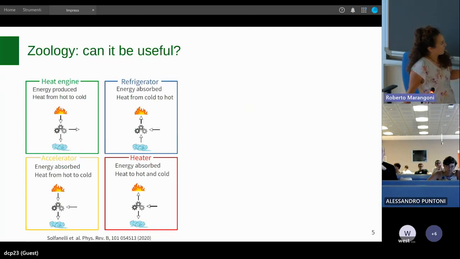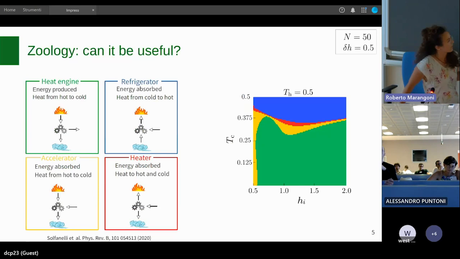If we want to know if we can reproduce these operational modes, let me show the diagram obtained with N equal to 50 and a quench amplitude of 0.5. That means you have to consider this as the initial transverse field of the Hamiltonian evolution, then you add 0.5 to get the final transverse field.